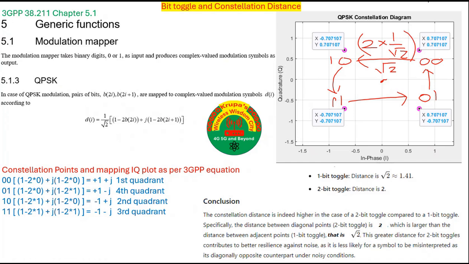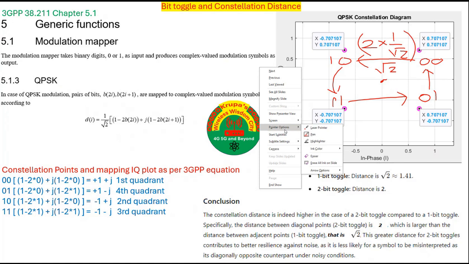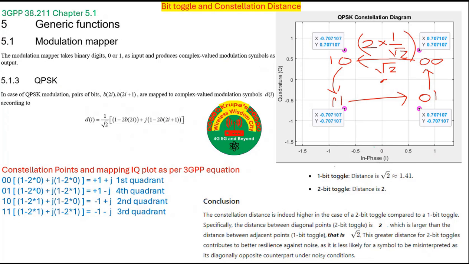All right. Now take another case. If I change diagonally, take this point 11 and this 00 point. That means both the bits are changing.